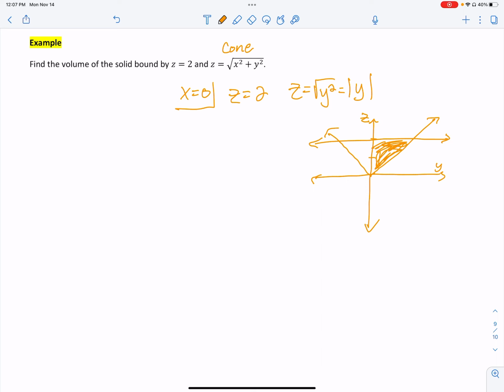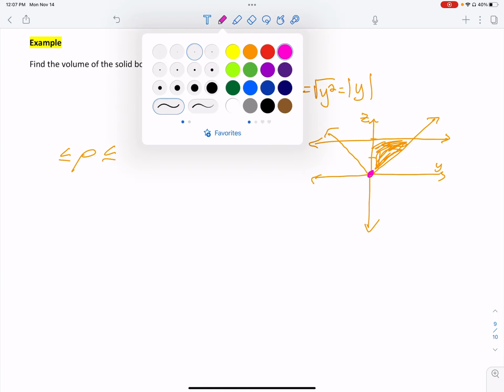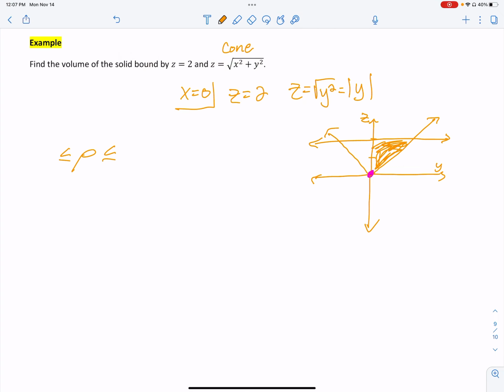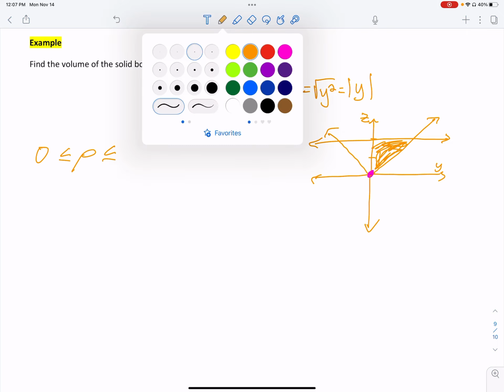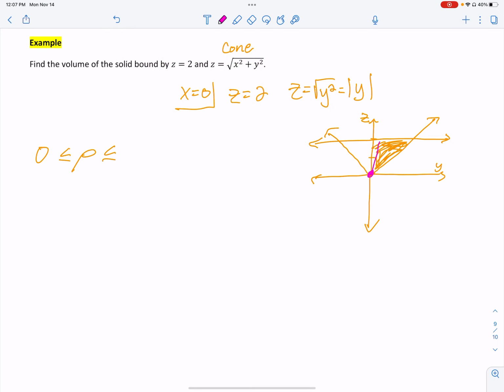Now here's the problem: for rho, if we're trying to establish rho, let's go ahead and write that. Rho, and we're going to try to bound it. We have from the origin, that's our first point, so we know it's going to be 0. But we have to figure out where it's going to. Now the problem is this distance is different than this distance. They change. I can't just say from 0 to 2 because that's z, that's not rho. So I got to figure out a way to manipulate this.